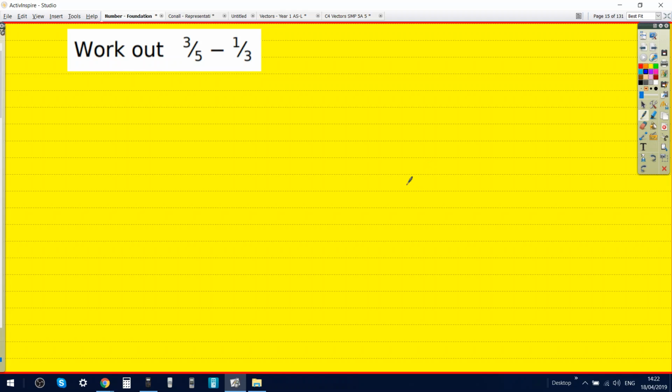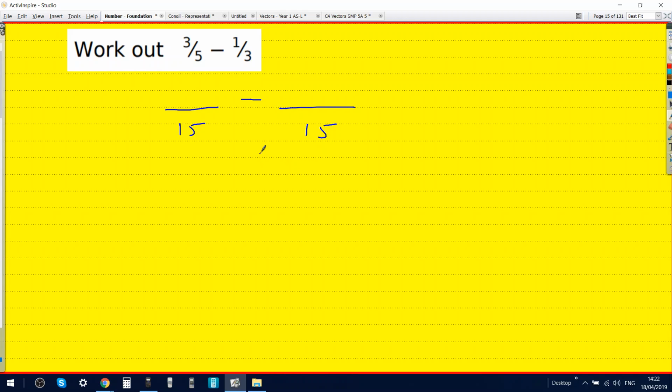How do we do this? Okay, so basically we have to make the bottoms the same. So 5 times 3 is 15. And then 3 times 3 is 9.